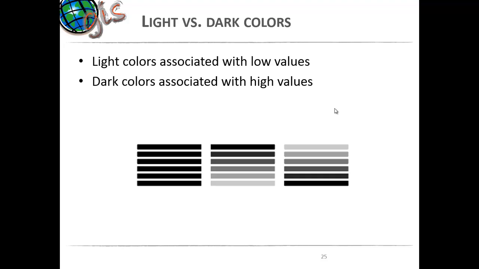So light versus dark colors: usually light colors are associated with low values and dark colors are associated with higher values, and the human eye is drawn to darker colors more because of the way we are wired.